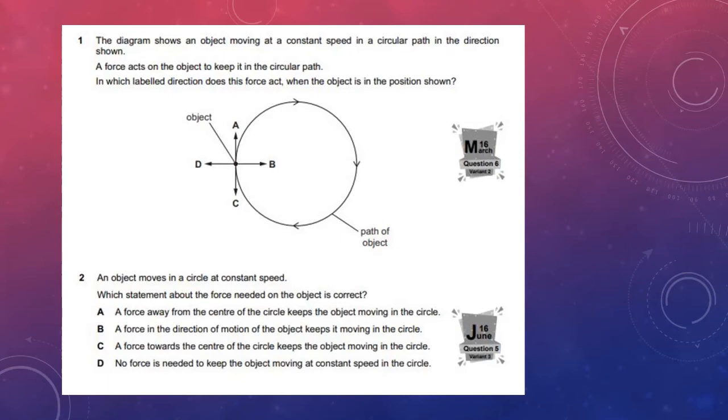Who can answer? I'll answer. What is your answer?